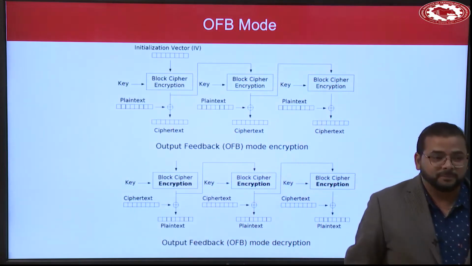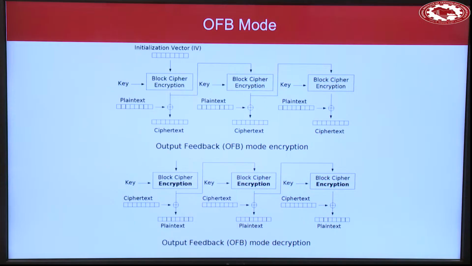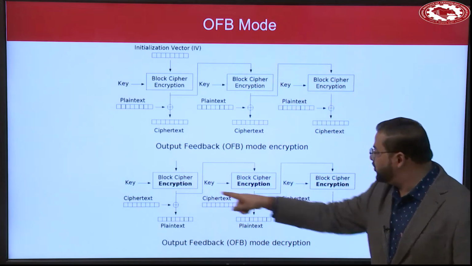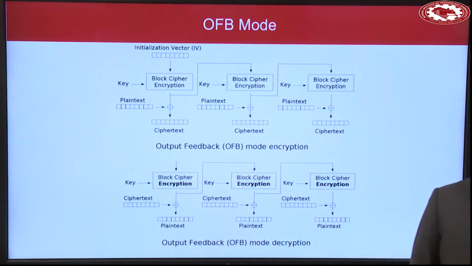This mode is much faster, not waiting for the plain text to come. You can pre-compute the whole thing. As long as you know the number, the key, and the algorithm, you can pre-compute everything.